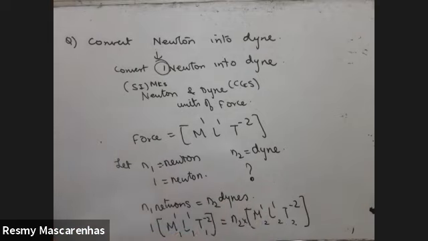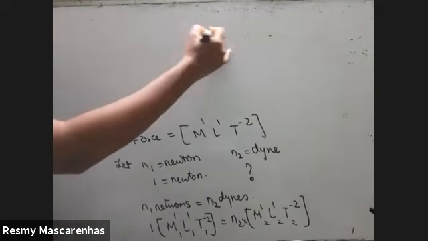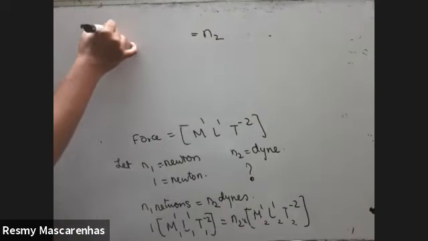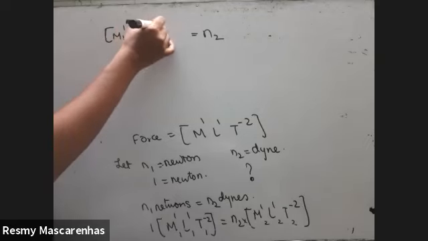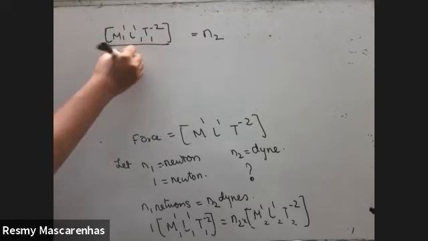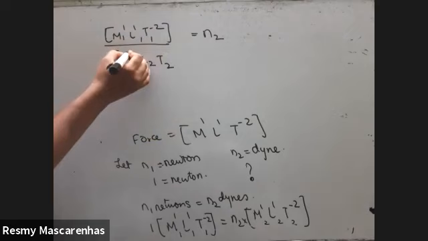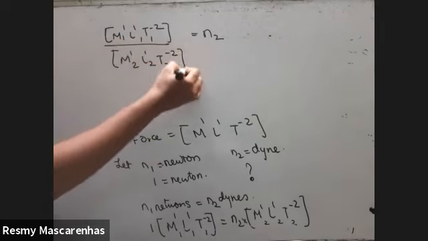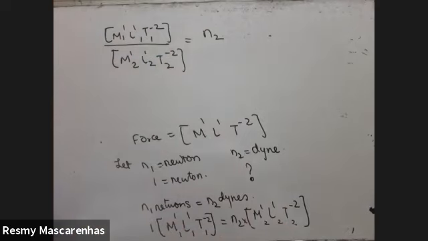In the next step, N2 you keep there only. This will go. Solving 1 into this is anyway this.